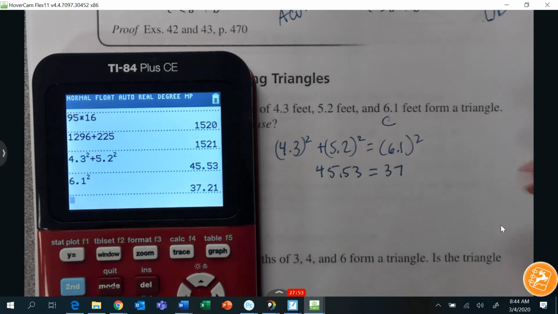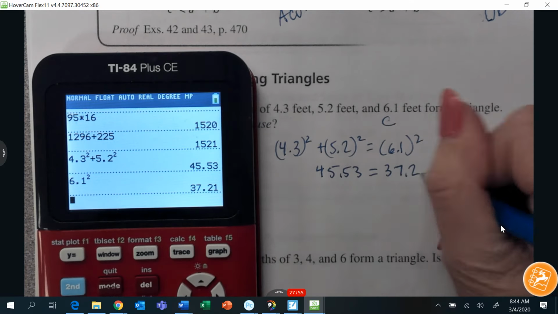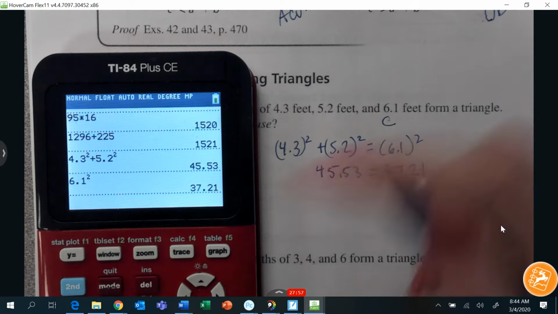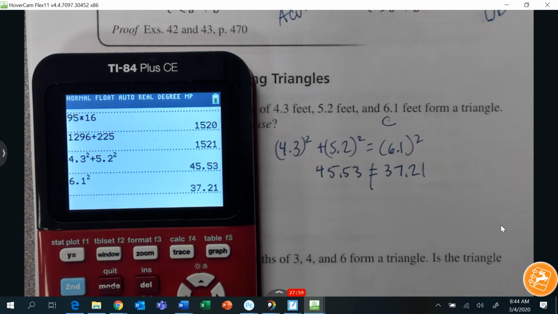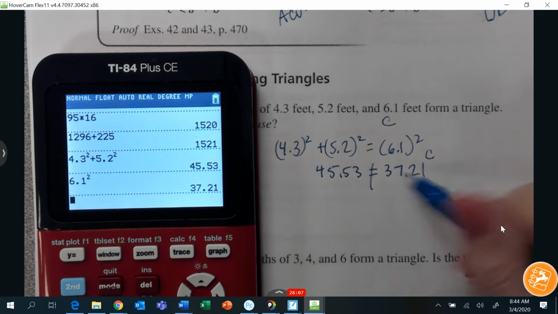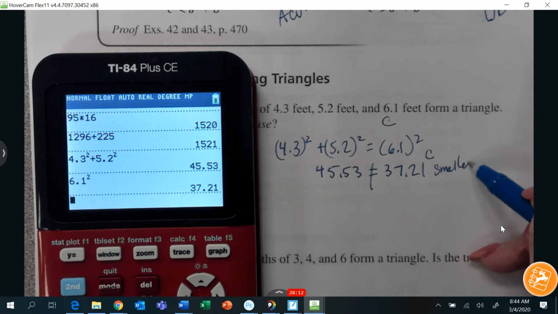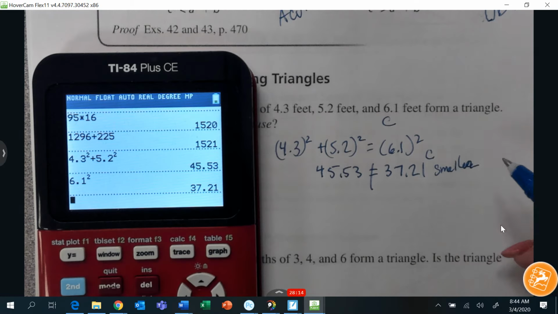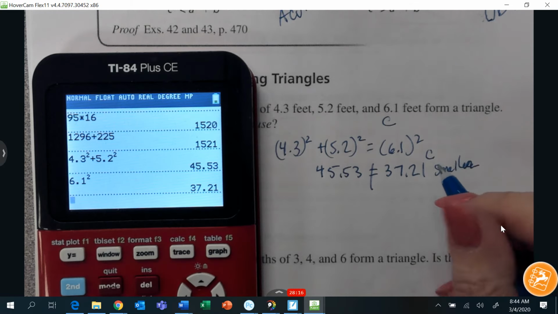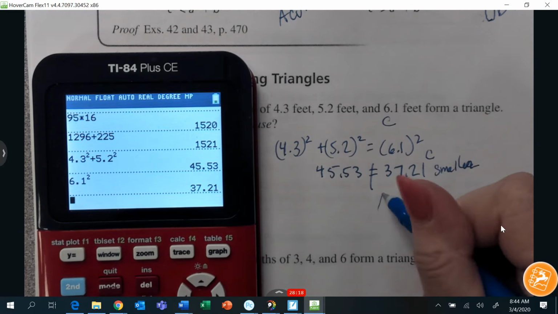Well, it's not equal. So it's not a right triangle. What do we know about C? C is smaller. This one's acute. C is smaller. Acute.